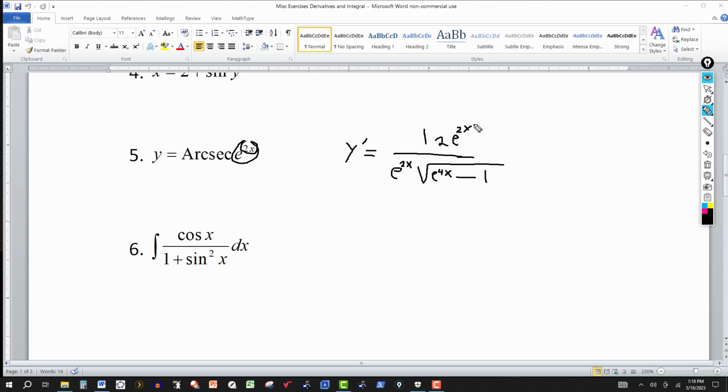We get this 2 here, and of course these will now cancel, and I simply get 1 over the square root e to the 4x minus 1. And I need the 2 up here. And this is the answer to this one.